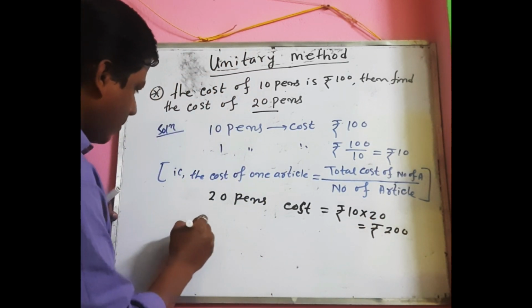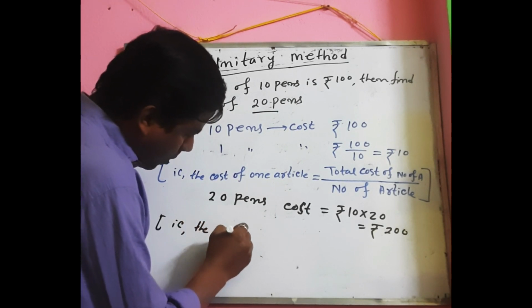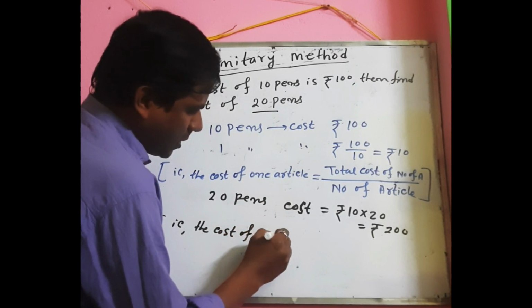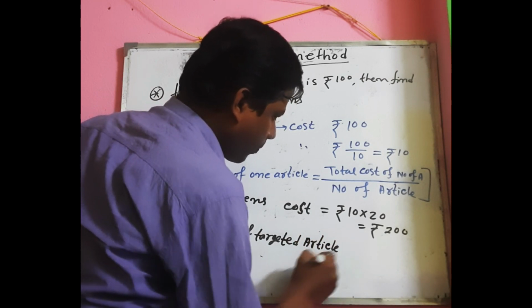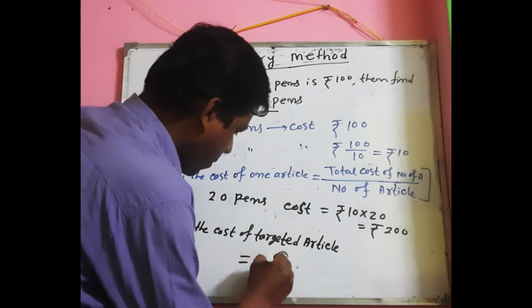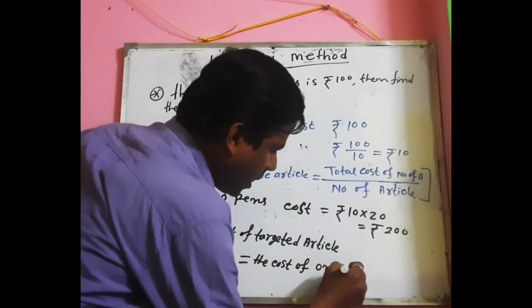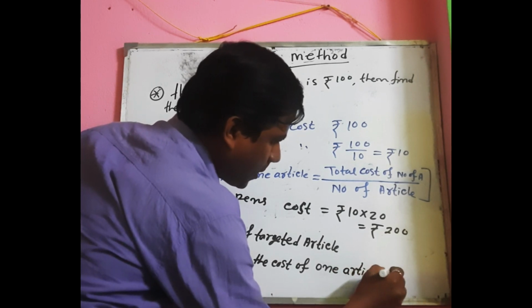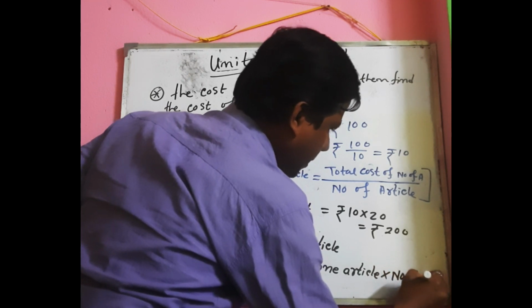That is, we can say the cost of the targeted article is equal to the cost of one article multiplied by the number of articles.